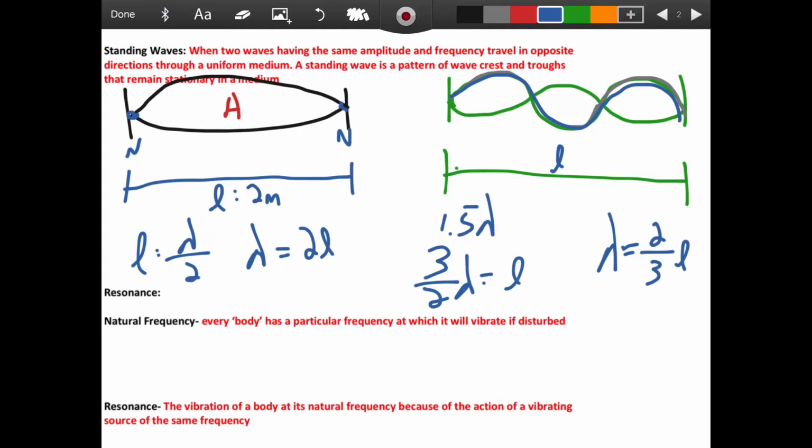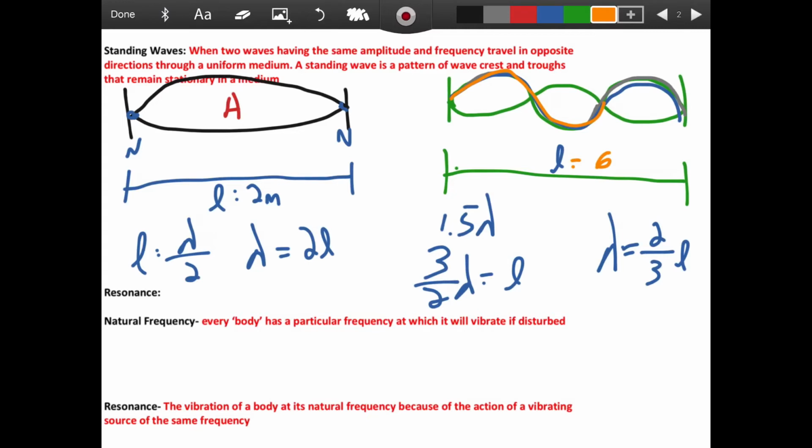Personally, I just like to look at it. So if this were 6 meters, well, one full wave is about 2/3 of the way there, which is just 4 meters. So that's the wavelength for this example.